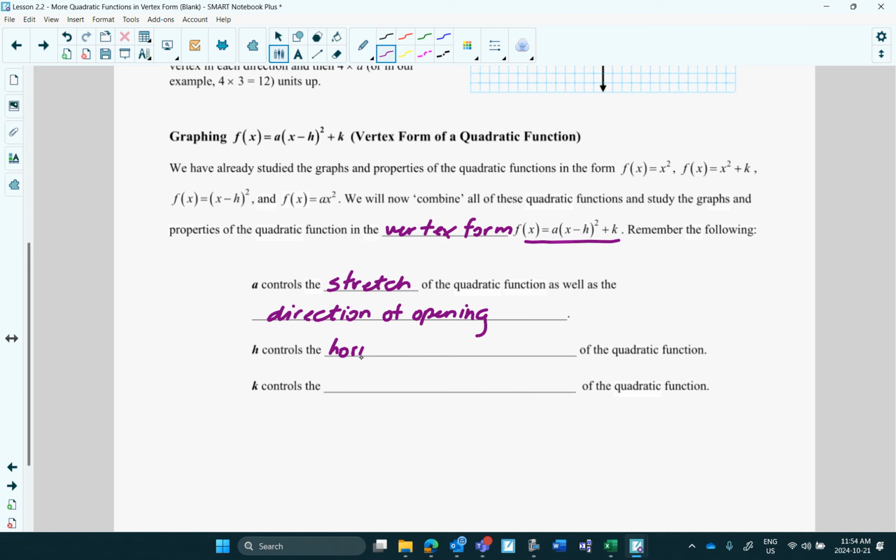H controls the horizontal, and I'm going to call it shift. Moves left or right. Whatever that H is, that tells us that the parabola is going to move left or right from x squared. And if there's a K at the end, that tells us we're going to move up, down, in other words, a vertical shift.